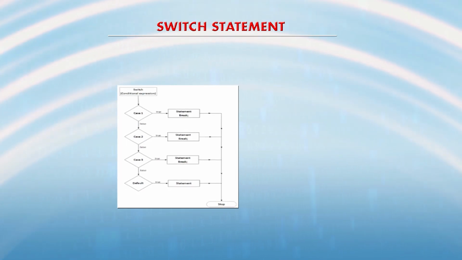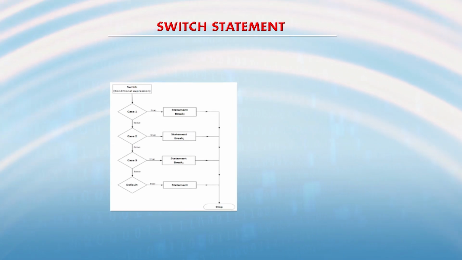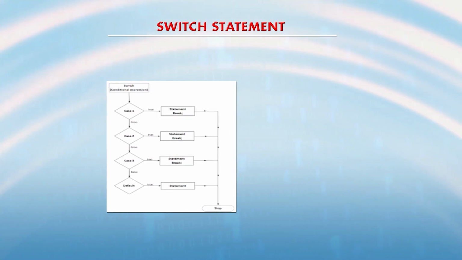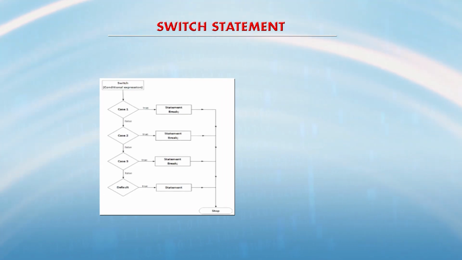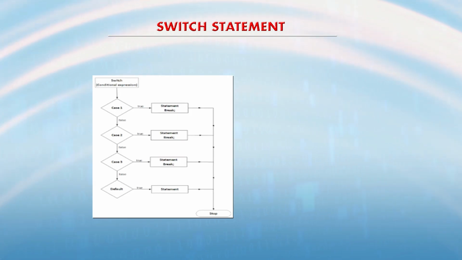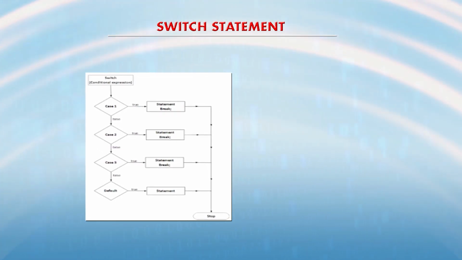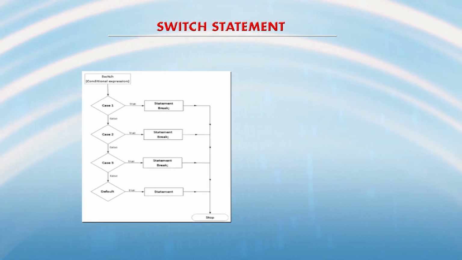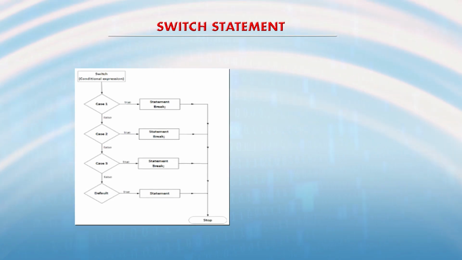Now the switch statement. Many a times there are multiple cases, and for all those multiple cases you need to take a decision. Likewise, to design a menu card, under the category say North Indian dishes or South Indian dishes or continental dishes, you are having a variety of dishes.